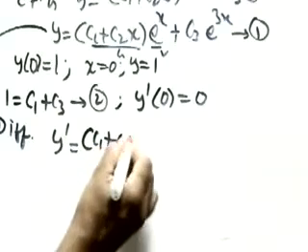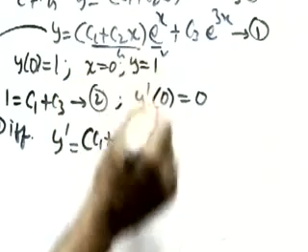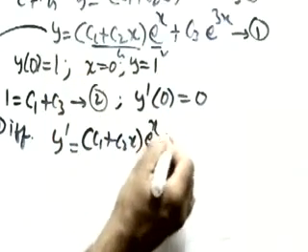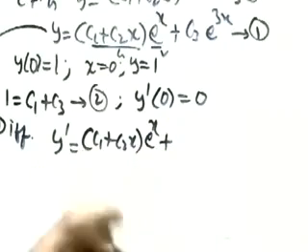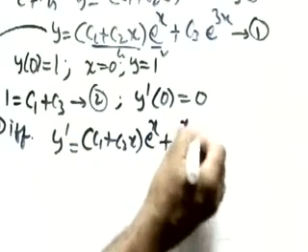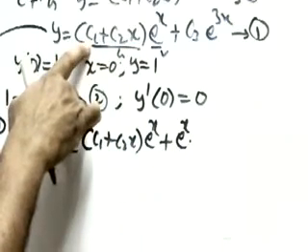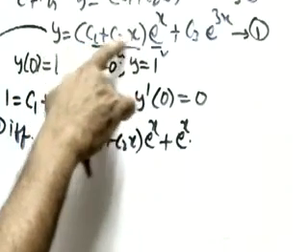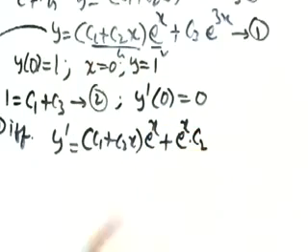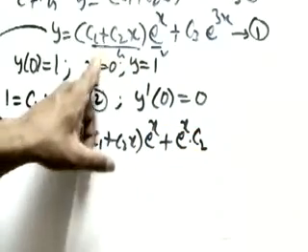Watch carefully. u means c1 plus c2 x, u d by dx of v, and d by dx of e power x is e power x. Plus v, that is e power x, into d by dx of u. When you differentiate, c1 is constant so it gives 0, and the differentiation of x is 1, so 1 into c2 is c2. You will get c2 here.